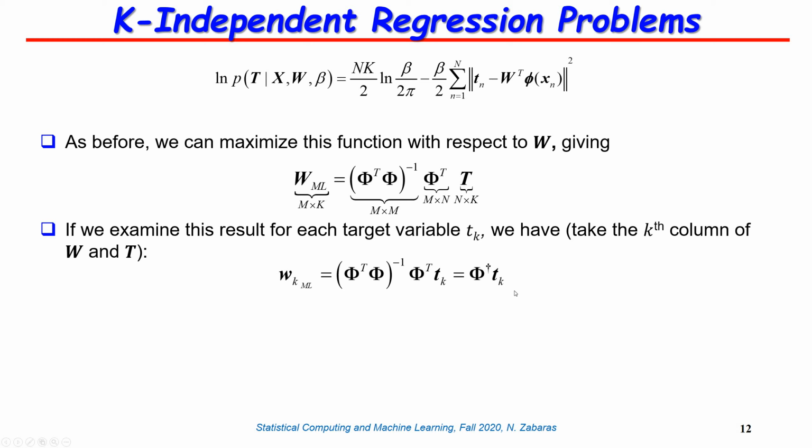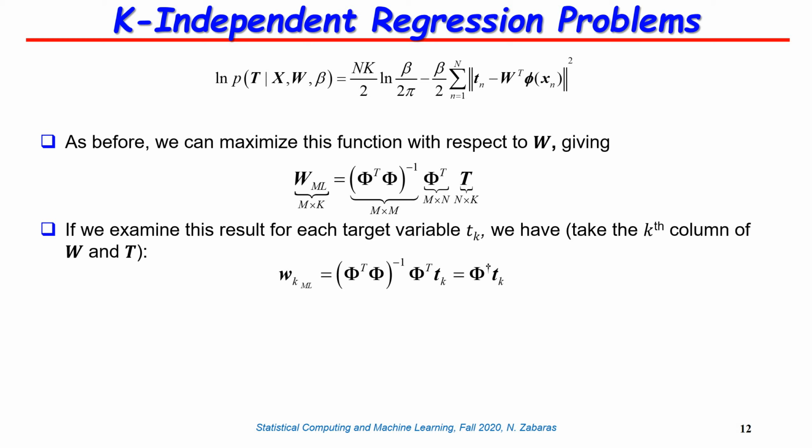So effectively, if you look at each column of W and the corresponding column of T, you notice they are connected directly with what we have seen for a single-output least squares problem. So even though we have these K outputs, this least squares computation makes them independent of each other.